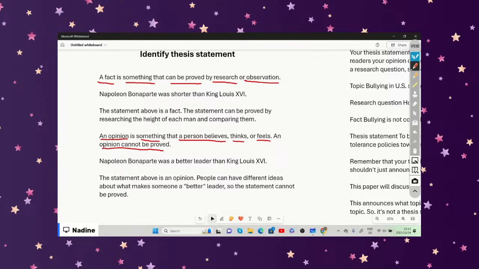And if it can be proven, but it cannot be proven at all.